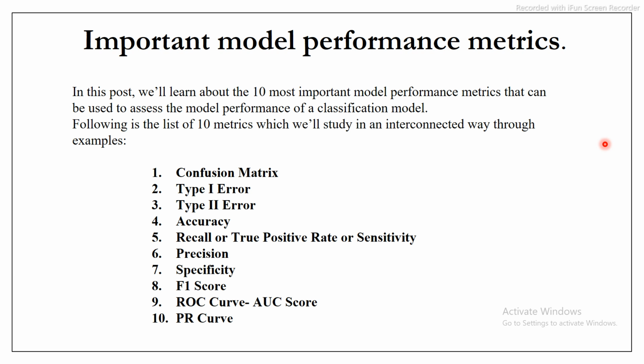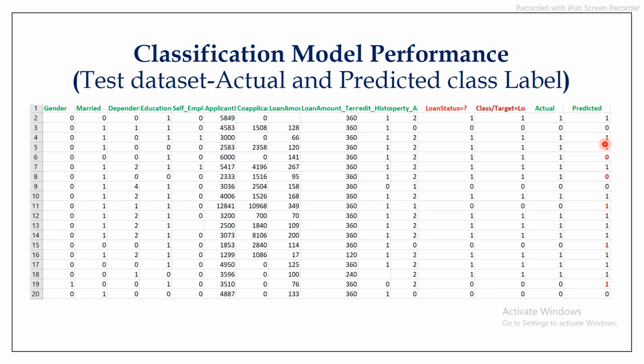People who have studied decision science and linear programming might be aware of the term sensitivity. Then precision, specificity, F1 score, ROC curve, and PR curve. These create curves for you, and then you decide whether your curve is capturing the entire theme of the data set or not, right? We will see them one by one.